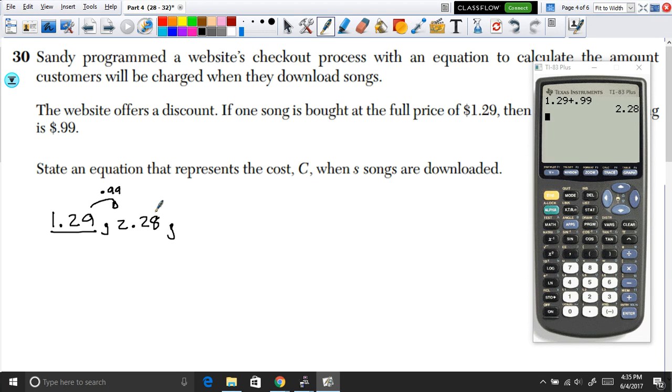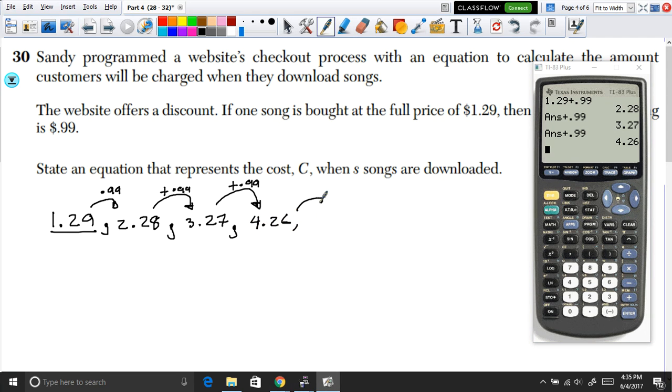So this is when you have two songs. You want to buy another song. Well, you have to add another 0.99. Now your cost is going to be 3.27. If you want to buy another song, you add another 0.99, and if we do this correctly, this is going to give us 4.26.